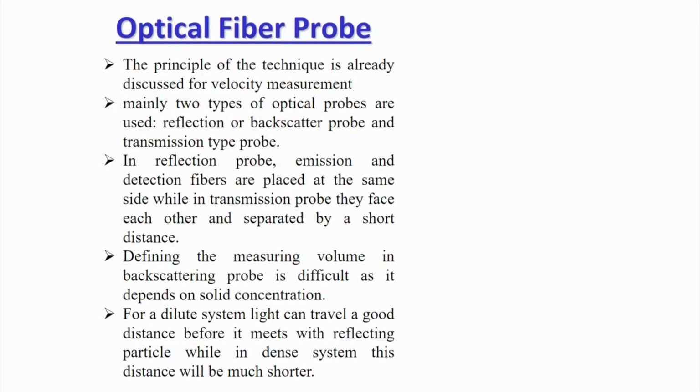The principle of the technique remains the same as in the velocity measurement. There will be two wires: one wire will emit the light, the particle or phase will reflect the light, and another wire will detect that light, and based on that you measure the volume fraction.